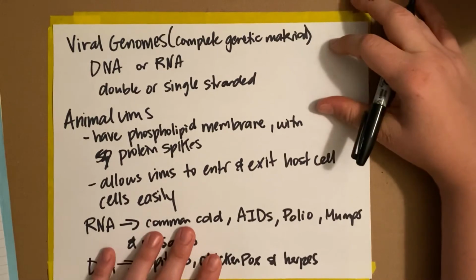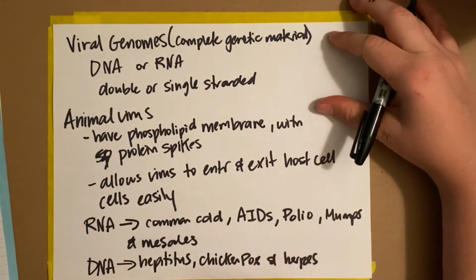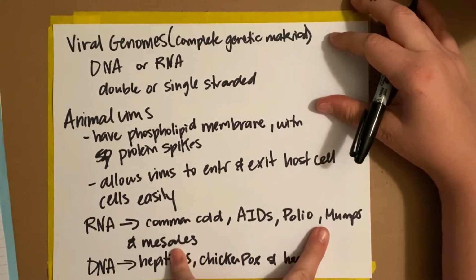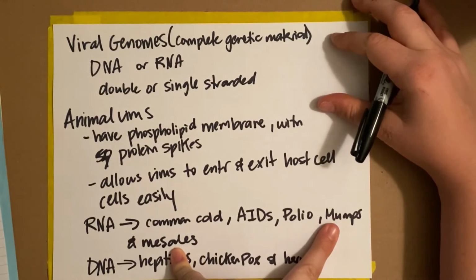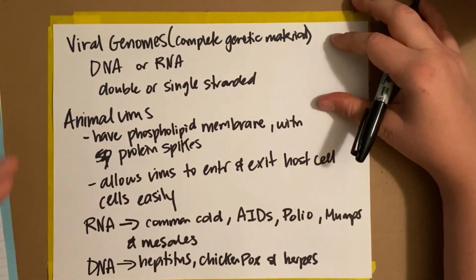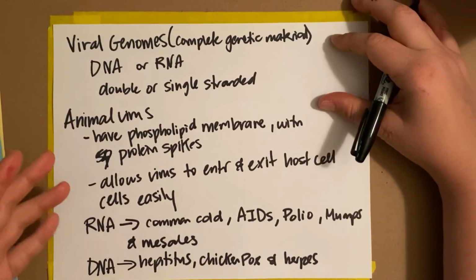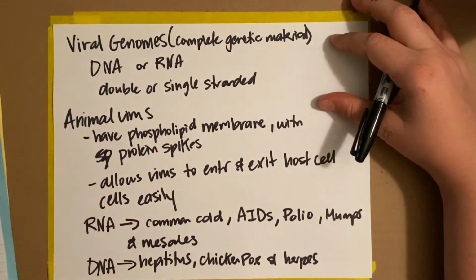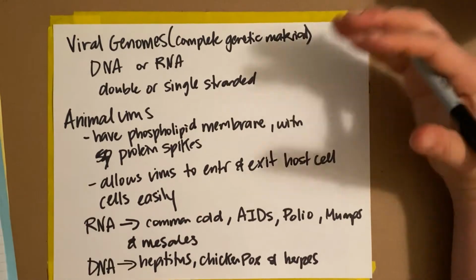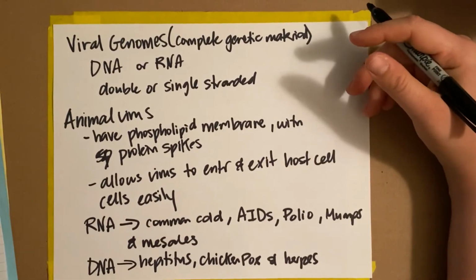The reason why people don't have polio, mumps, or measles, although we've had some mumps and measles outbreaks recently, is because people are refusing to vaccinate their children. What happens in vaccinations is you're taking part of the viral genome and exposing people to it without the pathogenic parts.